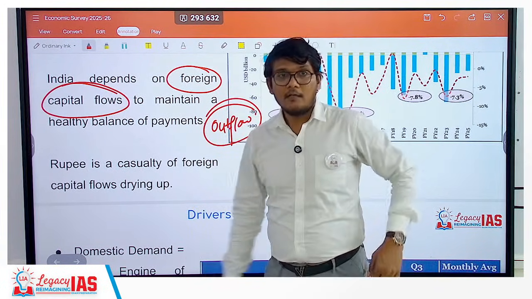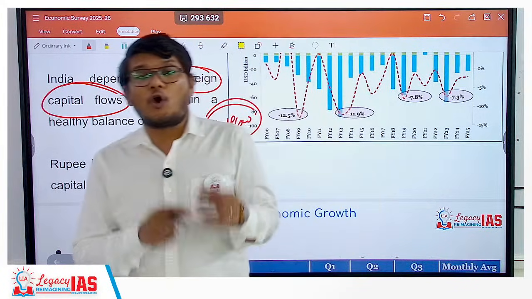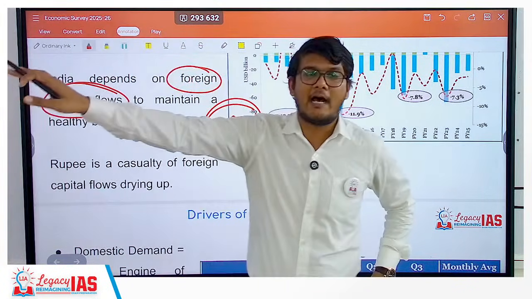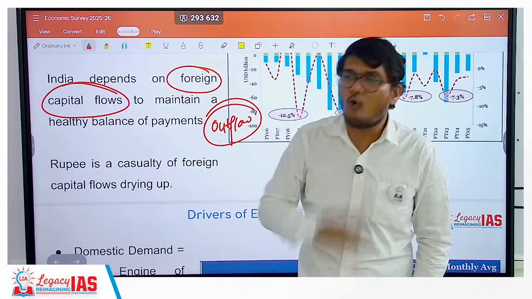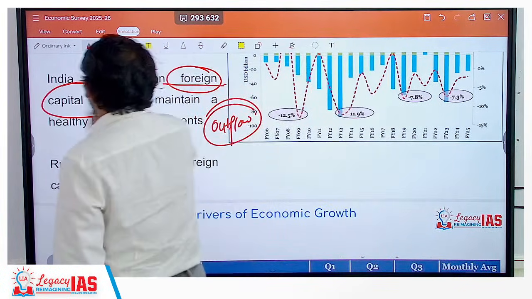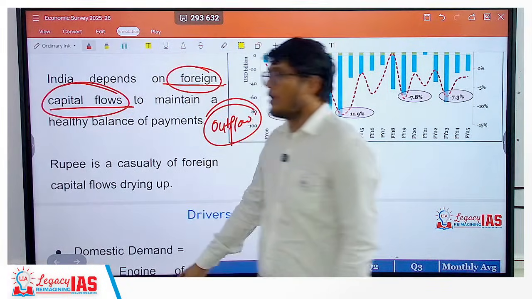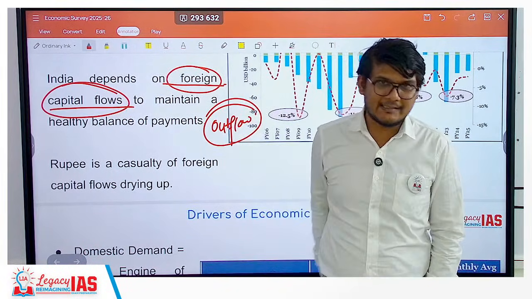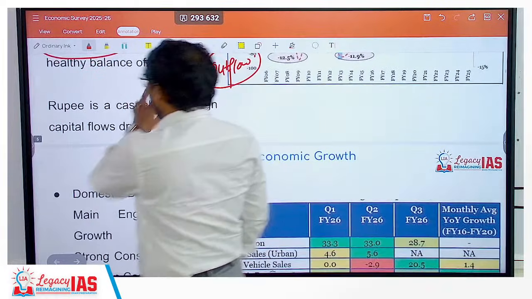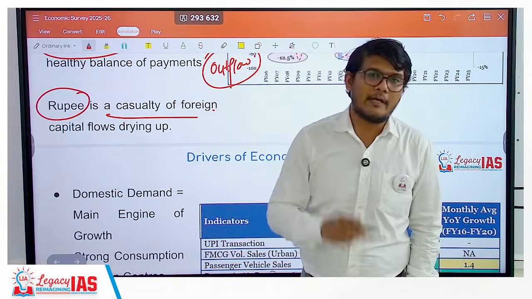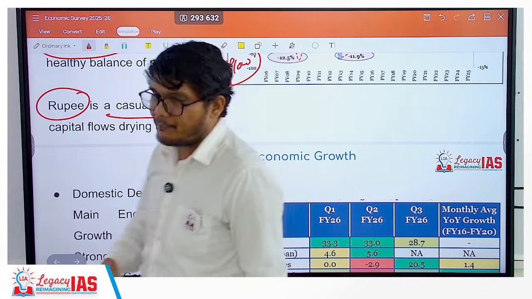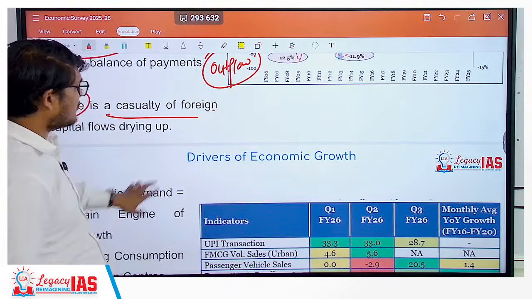That means the dollars have flown away from India, hitting India even more, because we are dependent on that foreign capital flow. Because of these reasons, the rupee became the casualty. That means the rupee took a hit and started to depreciate. This is what the preface talks about.